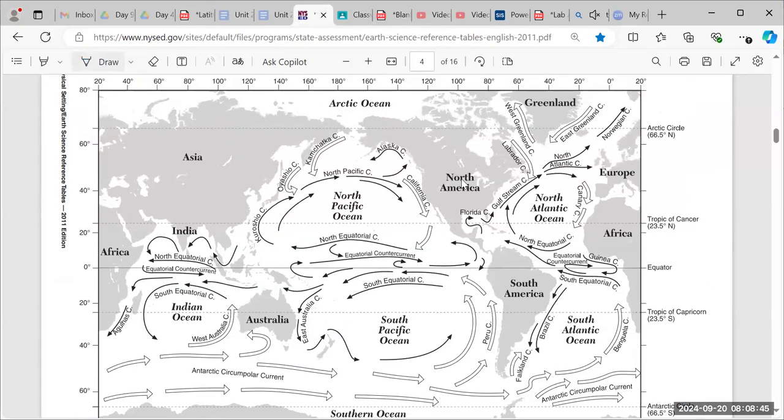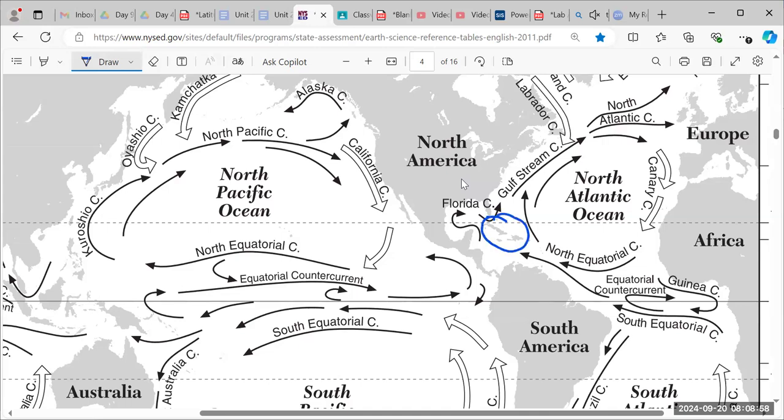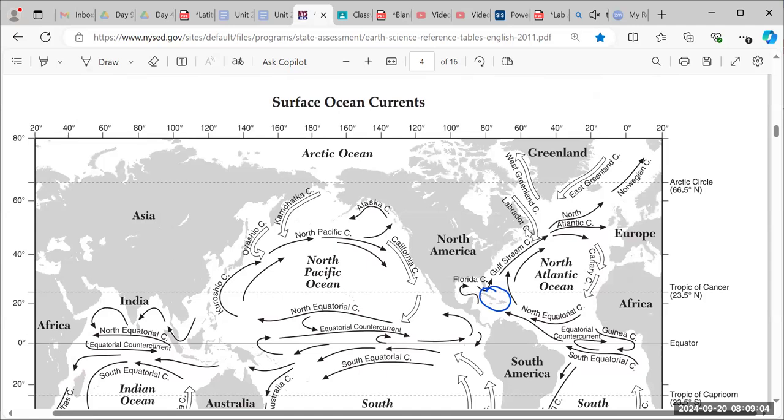If we look on page 4, you see where the Florida current is right here. I'm going to zoom in. Florida's right here, which means Haiti and the Dominican Republic are going to be all in this area. Now, I need to know, is this area degrees east or degrees west?